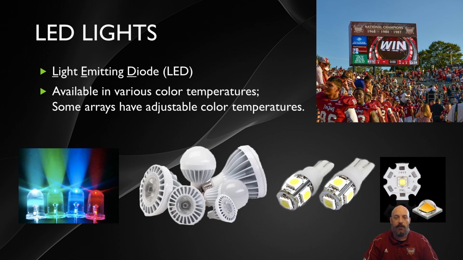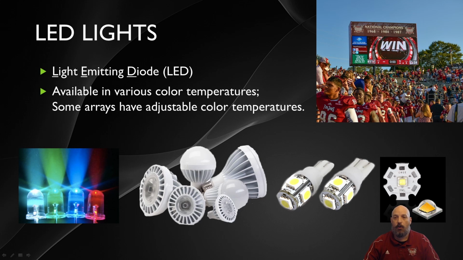Speaking of LEDs, LEDs have been around for a while, but they've only recently become more popular because of some advances in their design. And with LEDs, what is known as a light emitting diode, an LED, you can get these in a variety of different colors like red, green, blue, and white. And with LEDs, you're able to adjust their color temperature.